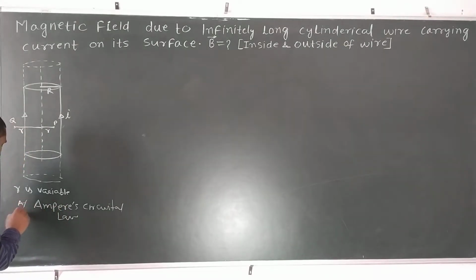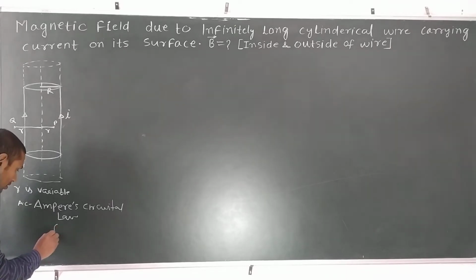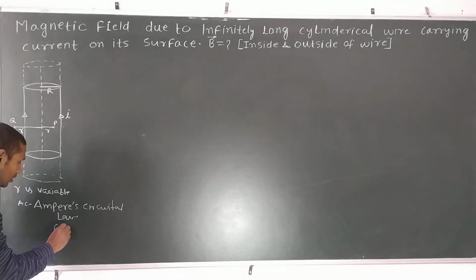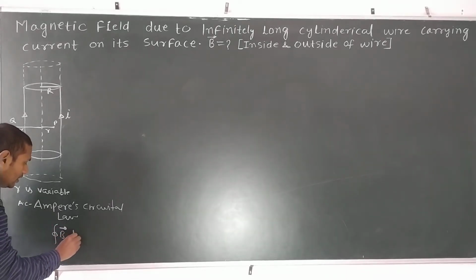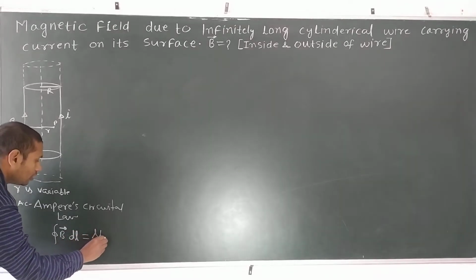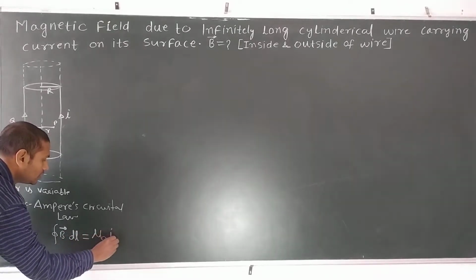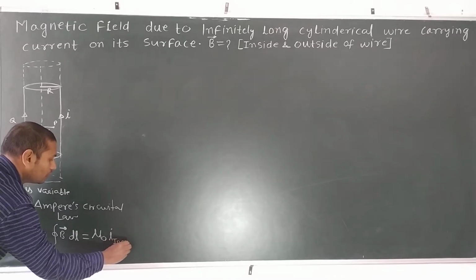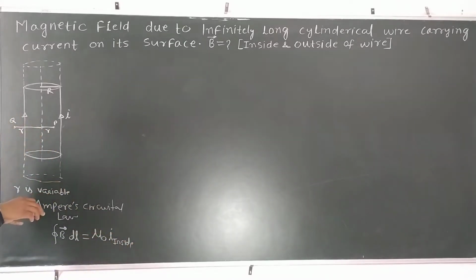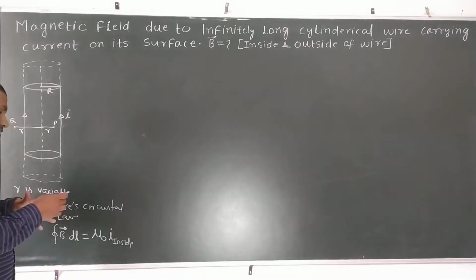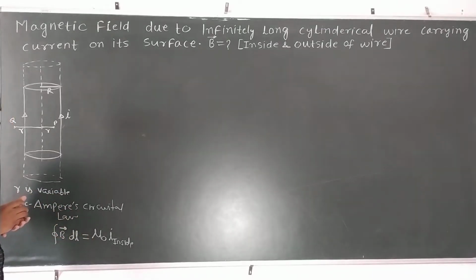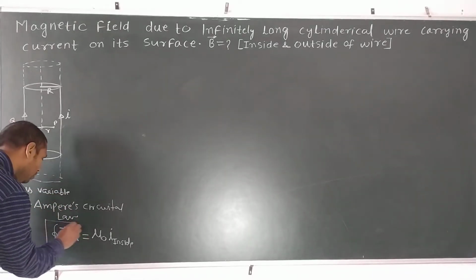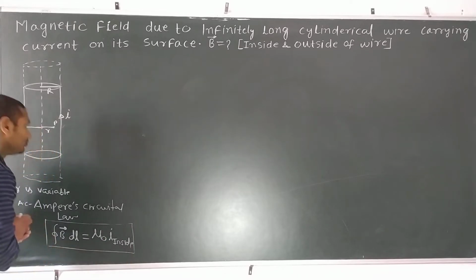According to Ampere's circuital law, the integration of B dot dl is equal to mu naught times the current which is inside of the loop. We assume a loop, and the current present inside the loop is what we consider. This is the formula of Ampere's circuital law.